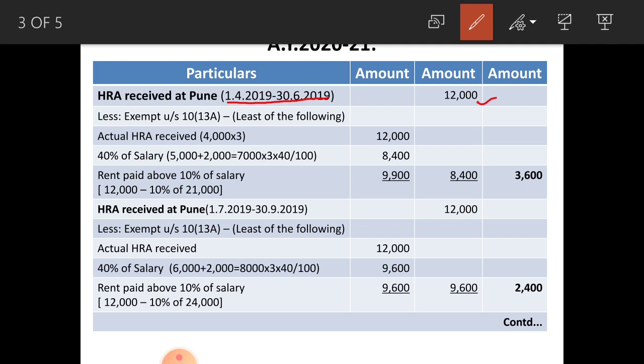From this you have to deduct least of the following 3 things exempt under section 10 subsection 13a, that is actual HRA received 4,000 into 3, 12,000, or 40% of salary. Here salary means basic plus DA, that is 5,000 plus 2,000, 7,000 for 3 months.